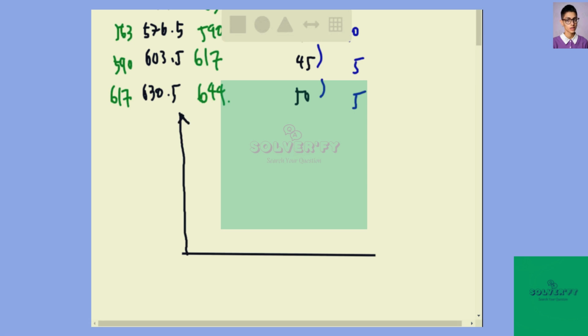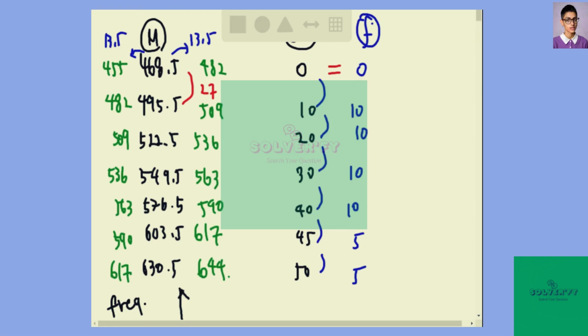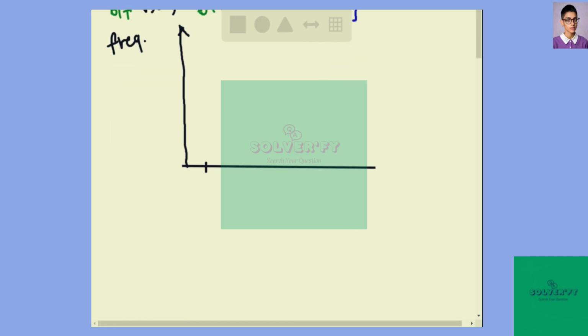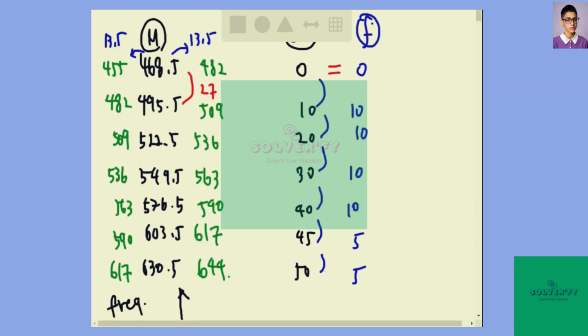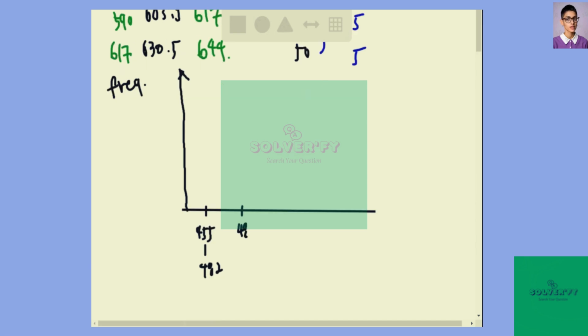This vertical axis should be frequency, right? Frequency. And here you should be placing all these ranges. So the first one is 455 to 482. And the next one is 482 to 509. Next one is 509 to, what was it? 536.